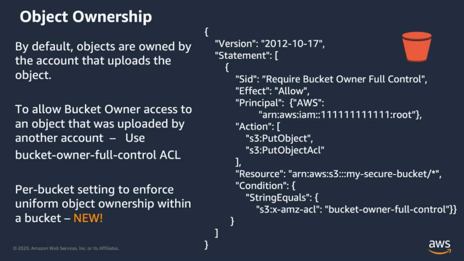Now, many AWS services deliver data to a bucket of your choice, and these are now equipped to take advantage of this feature. Those include S3 server access logging, S3 inventory, storage class analysis, AWS CloudTrail, and AWS Config. They can now all deliver data that you own.